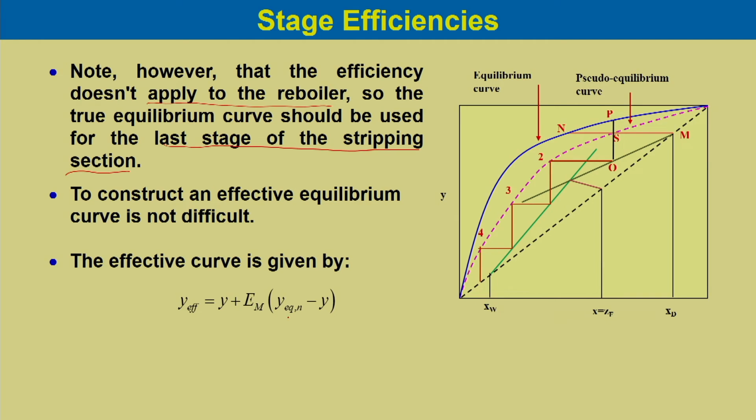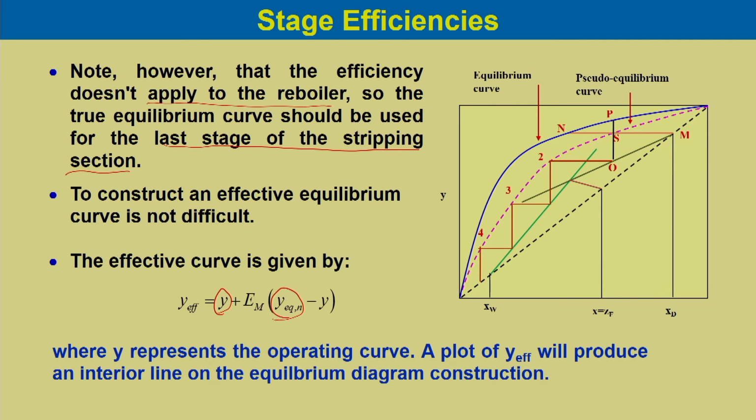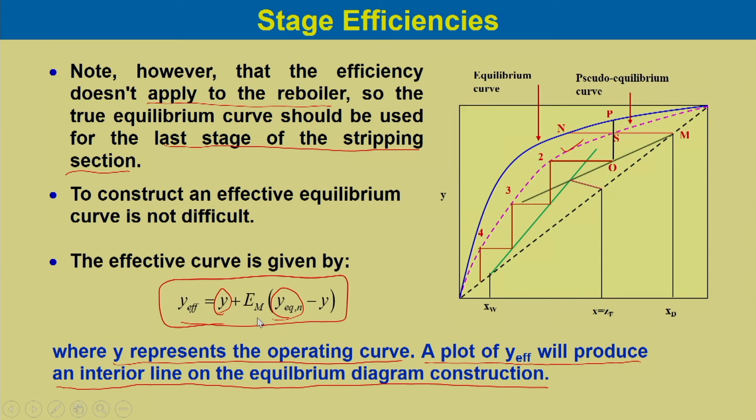Here, y equilibrium n is the equilibrium vapor composition of that tray, and y is the values of the operating line or operating equation. So, y represents the operating curve data. A plot of y effective will produce an interior line on the equilibrium diagram construction. So, the pink line drawn here is data calculated based on y effective.